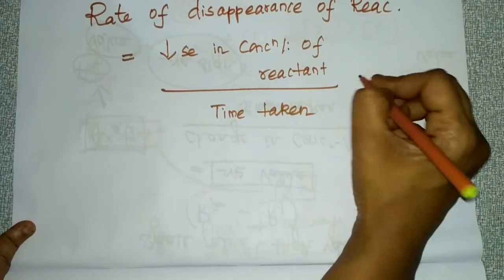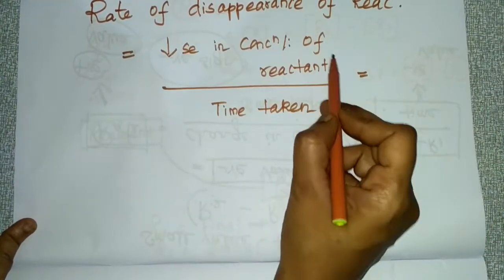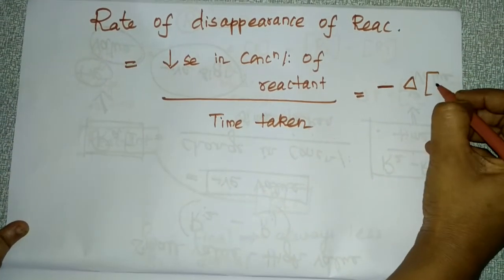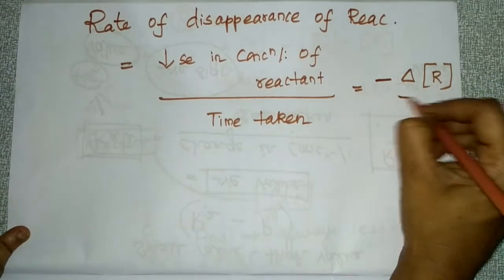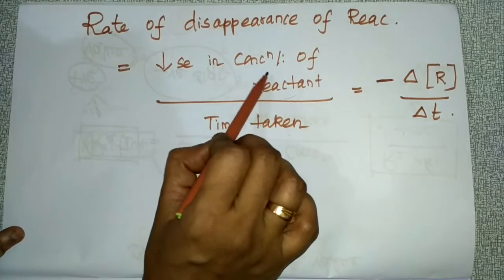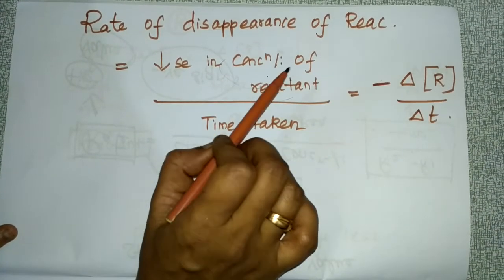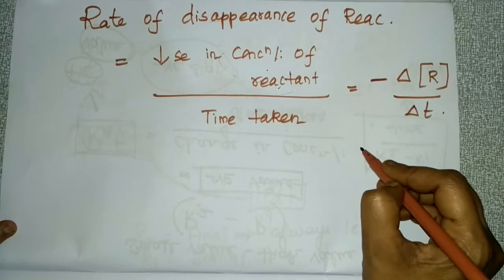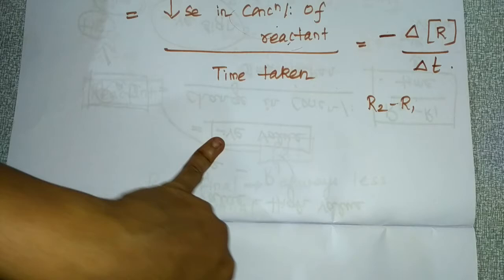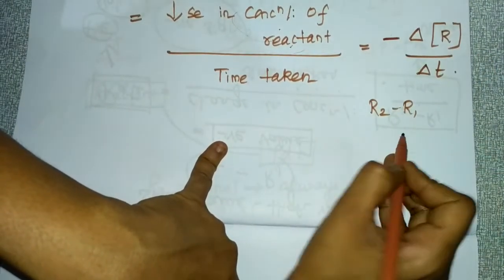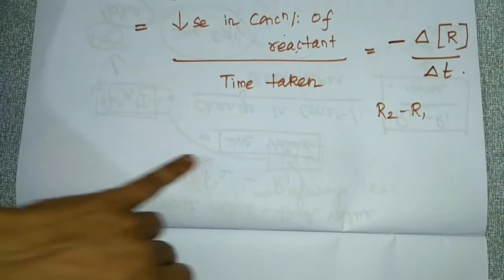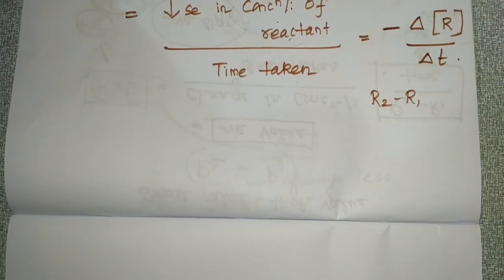So the decrease in the concentration of the reactant you can give by minus del R upon del T. This change, the decrease in the concentration of the reactant, is nothing but the change in the concentration, that is R2 minus R1. Therefore, if you write like this, the rate will have a positive value. So this is what about the reactant.